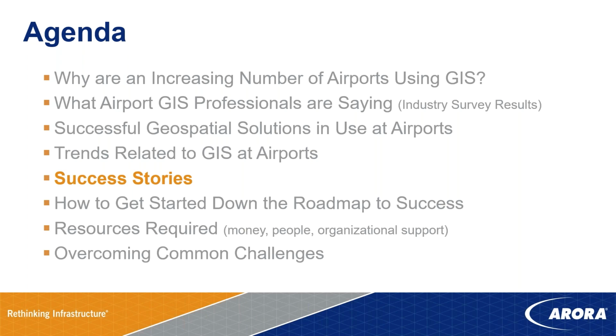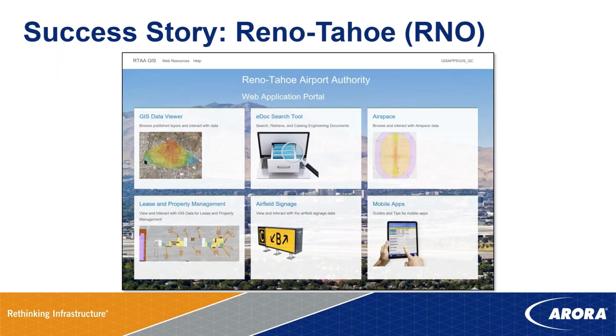So there are a couple of success stories that we do want to highlight today. One we want to start with here is Reno-Tahoe International Airport. It's a great example of an airport that leveraged the FAA's airport GIS submittal requirements to establish geospatial solutions to benefit the airport business. Using Esri's ArcGIS Online, Reno-Tahoe International configured web applications to support its users.